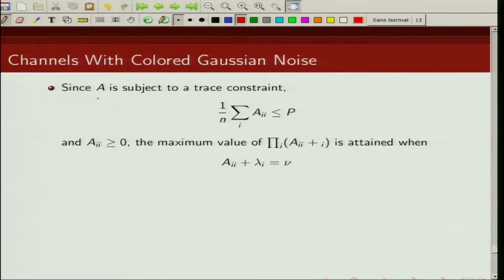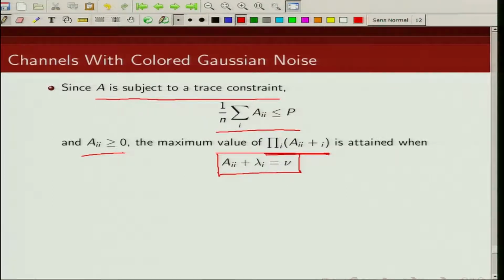Now since A is subject to this trace constraint given by this, and Ai has to be greater than or equal to 0, then the maximum value of this product of these diagonal elements is obtained when this is equal to some quantity mu.